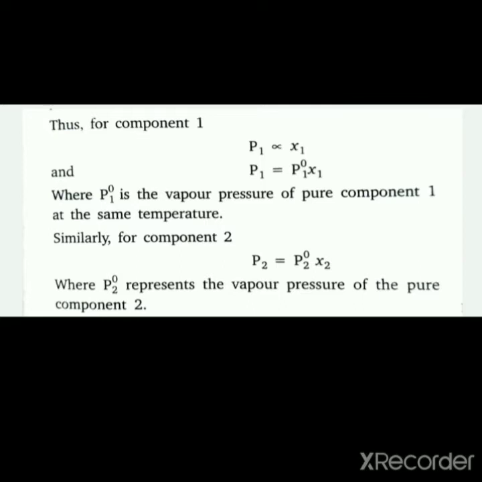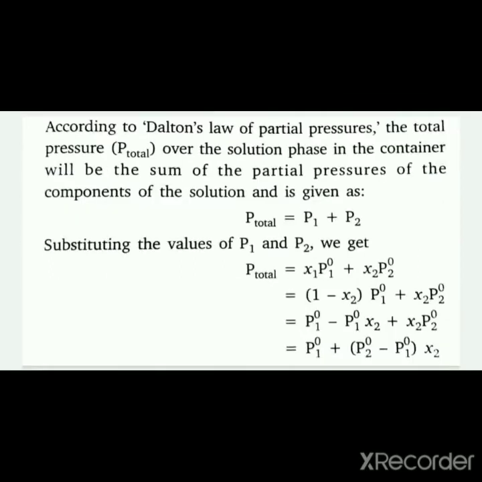Similarly, for the component 2, P2 is directly proportional to χ2, or P2 is equal to P2⁰ χ2. Here, P2⁰ is the vapor pressure of the pure component 2 and P2 is the vapor pressure of the component 2 in solution. Pressure exerted by the component 1 in solution is P1 and the pressure exerted by the component 2 in solution is P2.